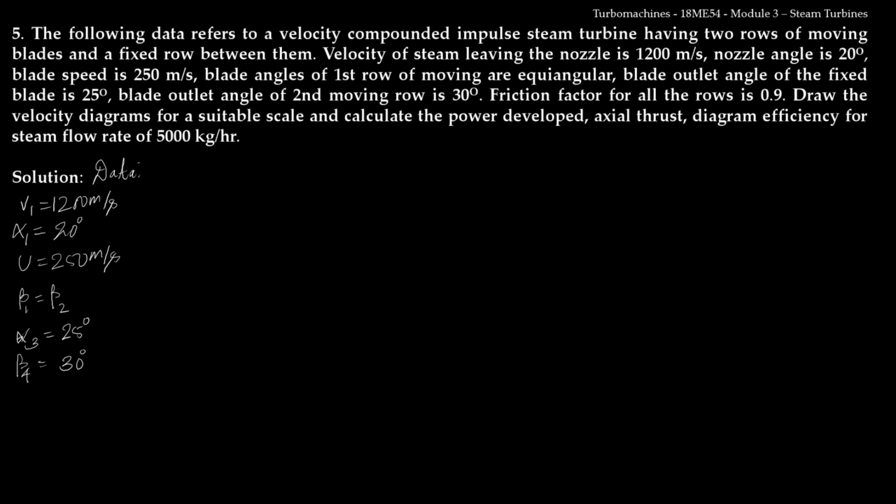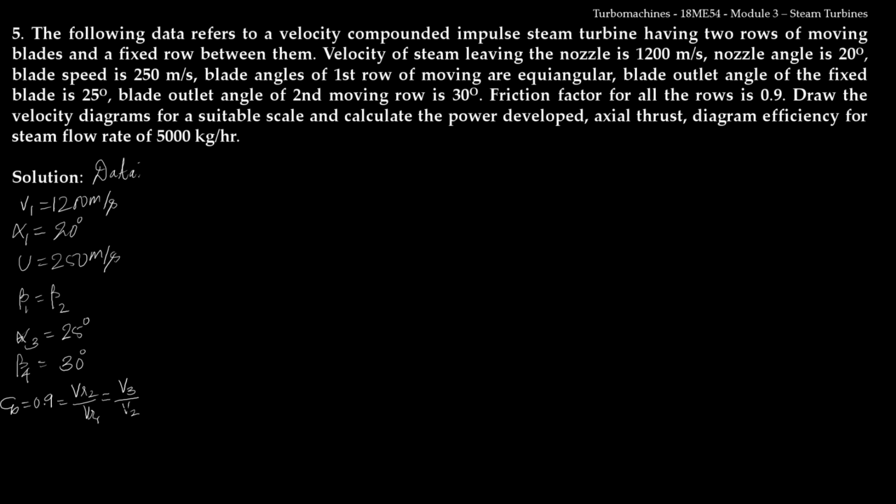The friction factor for all the rows is 0.9. Cb for all the rows is 0.9. So, Cb for the first row of moving blades can be written as Vr2 divided by Vr1, and for the fixed blade there will be friction between the steam and the fixed blade. So that also has to be considered, and that is given by V3 by V2, outlet velocity by inlet velocity.